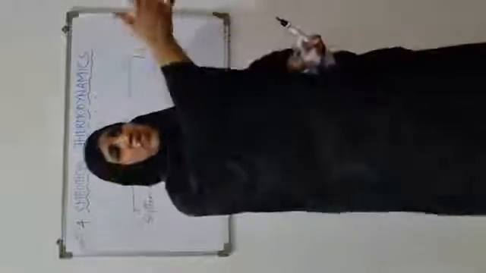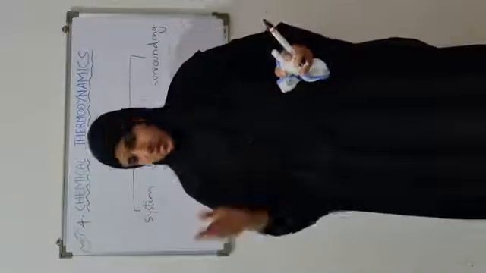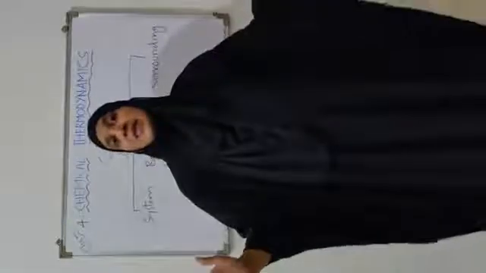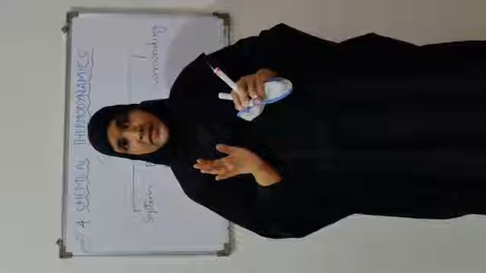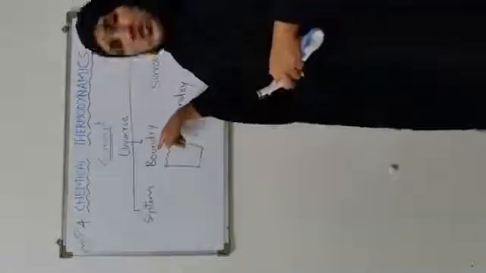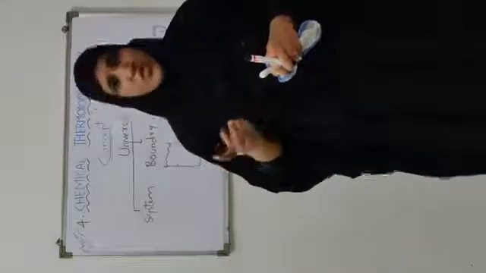There is no wall here in 1 square meter, but my thermodynamic study will be restricted to only this much area. So it is not necessary that boundaries are always actual boundaries. These boundaries can be imaginary or virtual also.